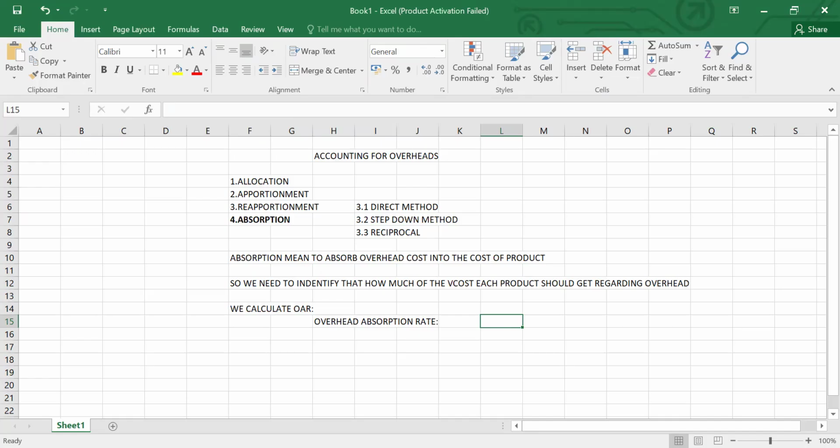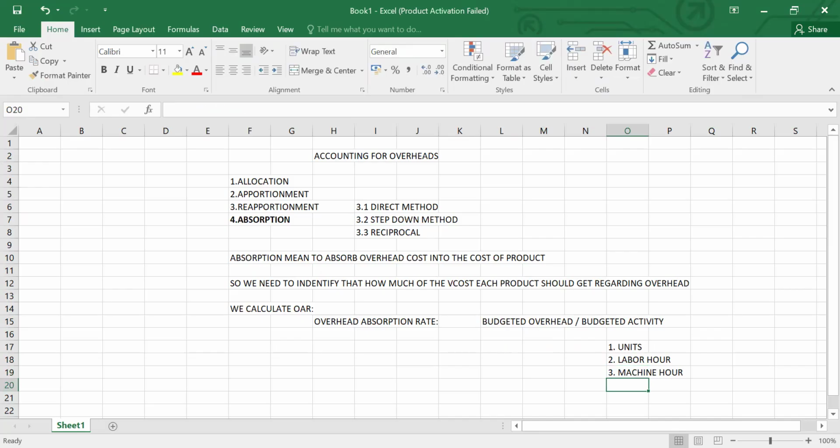Overhead absorption rate is always calculated using budgeted results: budgeted overhead cost, or simply budgeted overhead, divided by budgeted activity. So you just need to divide budgeted overheads by budgeted activity, where this budgeted activity can be either number of units, labor hours, or machine hours.